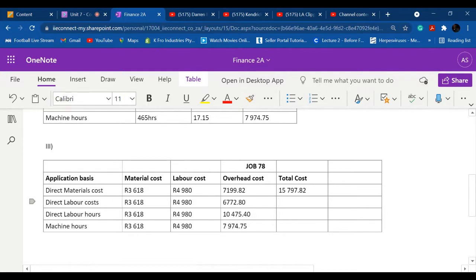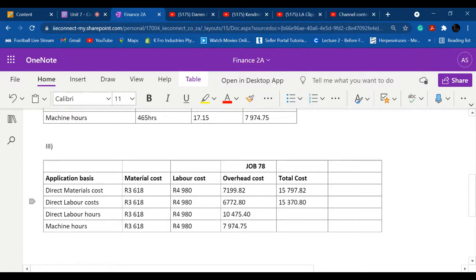Okay, and let me erase that. Plus 6,772.80. Okay, here I'm getting 15,370.80.